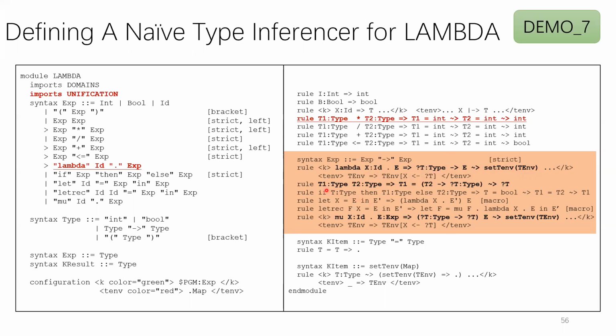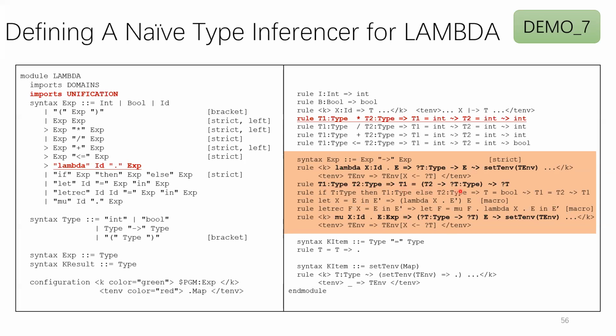For another example, let's see the typing rule for application. It guesses the return type for T1. Whenever we see T1 applied to T2, we know that T1 has to be an arrow type, but we don't know the return type of that arrow type. We just know that the argument type has to be T2.